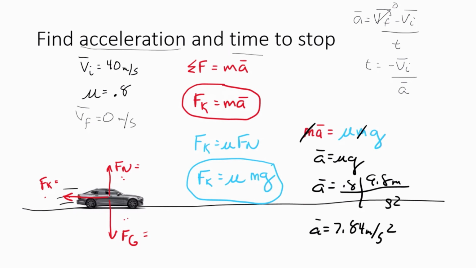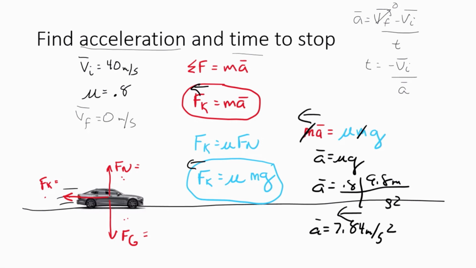And just to say it, the sum of the forces is kinetic friction, which is to the left, so it's mass times acceleration, which is to the left, so my acceleration is to the left, right? I could have put all of these to the left if I wanted. I could have made them negative if I wanted, right? But I know the direction of the kinetic friction, and that's the same direction as the acceleration, 7.84 meters per second squared.